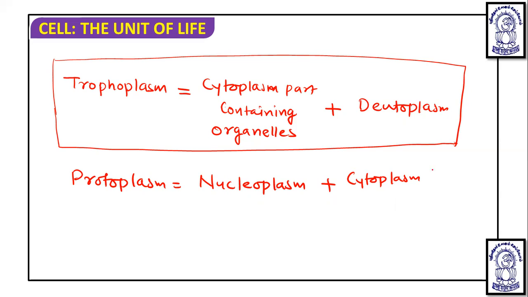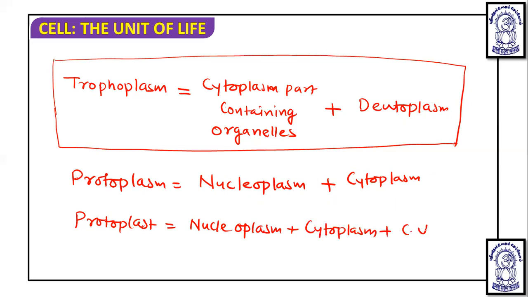But when it is covered by the cell membrane, it is known as protoplast. So protoplast consists of nucleoplasm plus cytoplasm plus cell membrane.